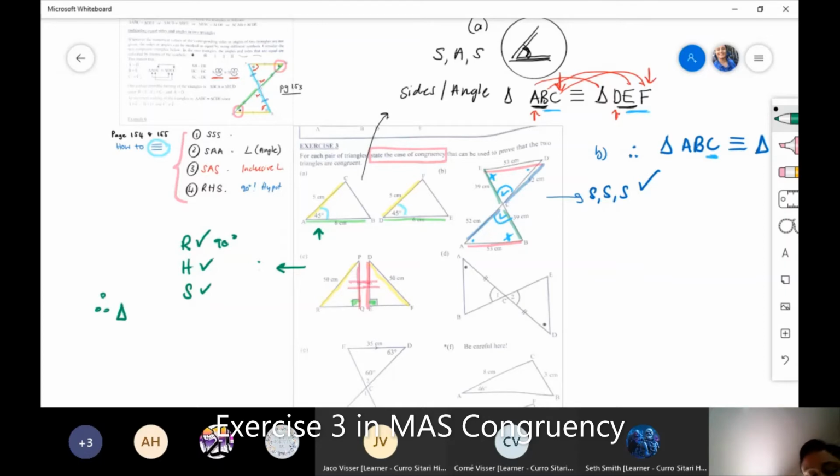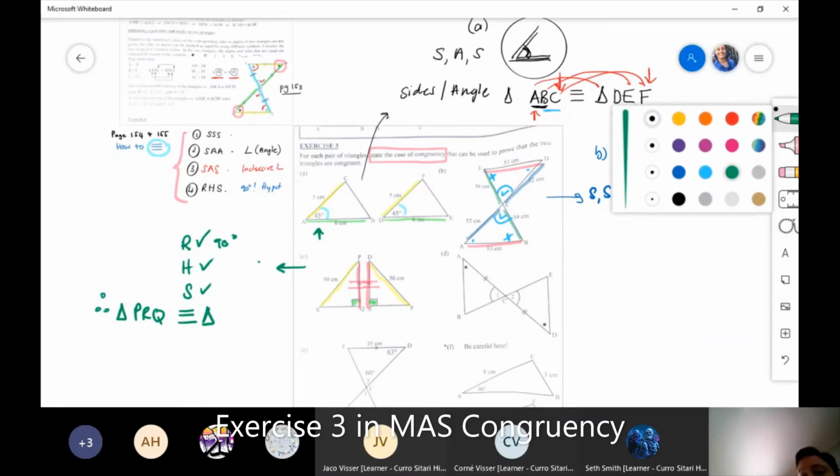triangle. Let's try and keep it alphabetical for that first triangle. PRQ. I'm so bad when I have to come to alphabetical order, but anyway, PRQ, and it's going to be congruent. So I first state that first one. If you've got the first triangle stated, then you're going to be able to figure out the next one.